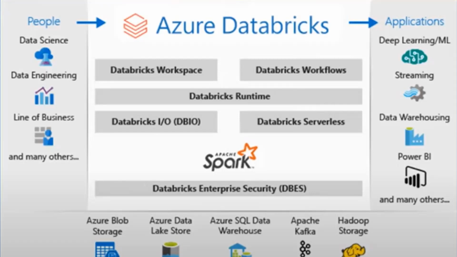Then you see at the bottom here is called Databricks serverless. So what is the meaning of serverless from a cloud perspective? When you talk about serverless, what does it mean? Okay, it's a way of computing.